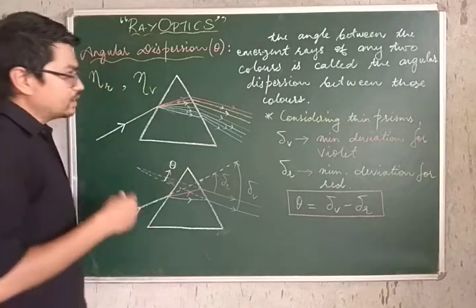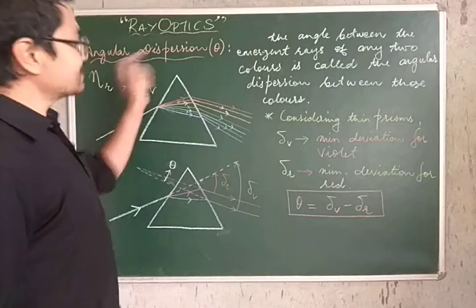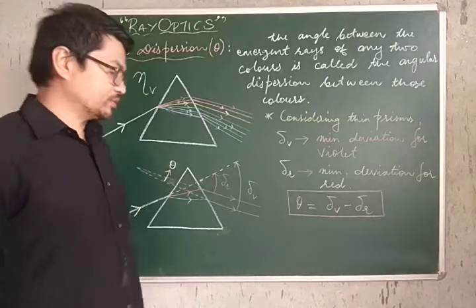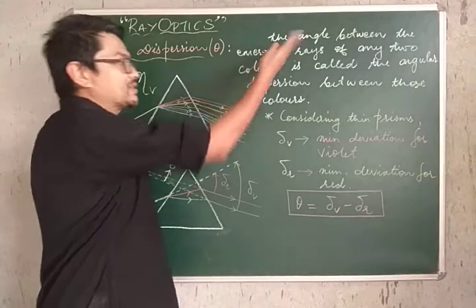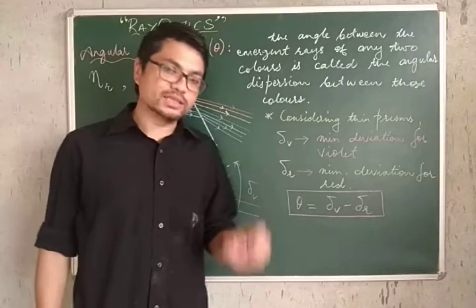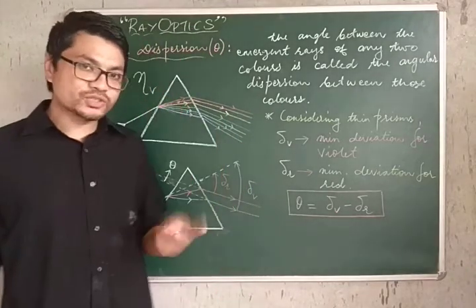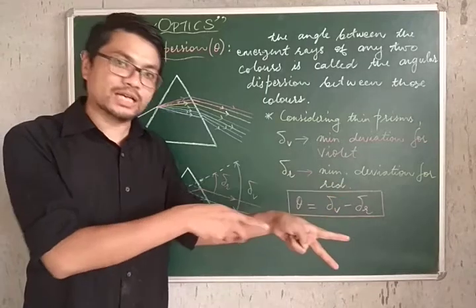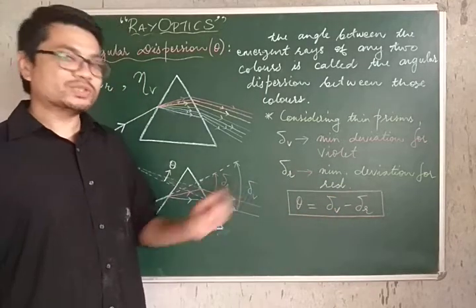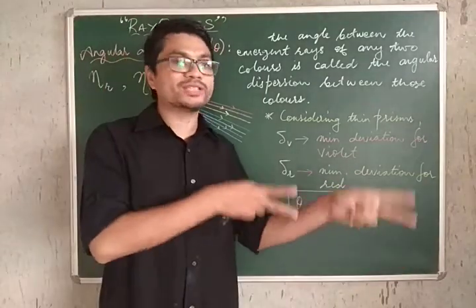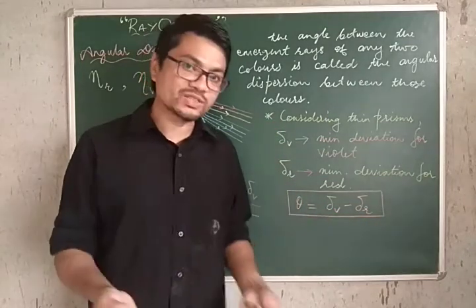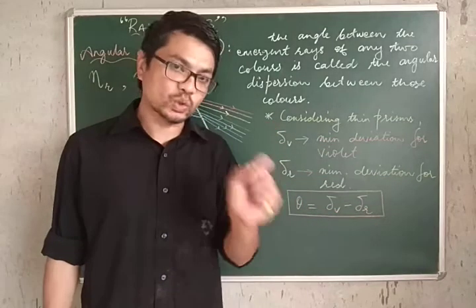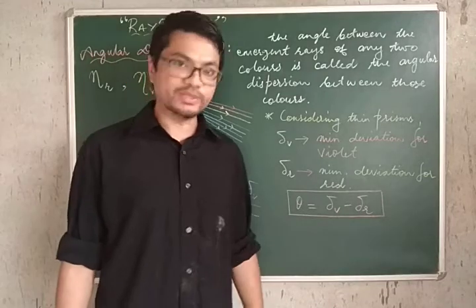Okay? So, what is therefore angular dispersion? Angular dispersion, as I've written over here, is the angle between the emergent rays of any 2 colors. Okay, or so to say, the angle between the emergent rays of any 2 colors is what is called angular dispersion between those colors of light. Remember that.